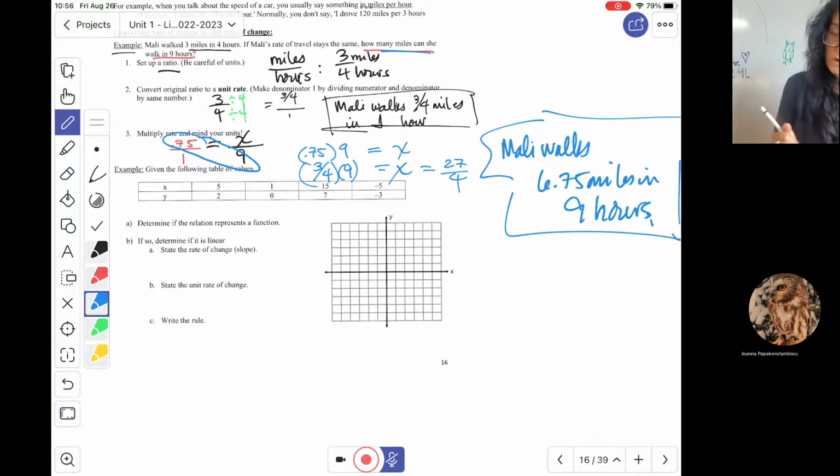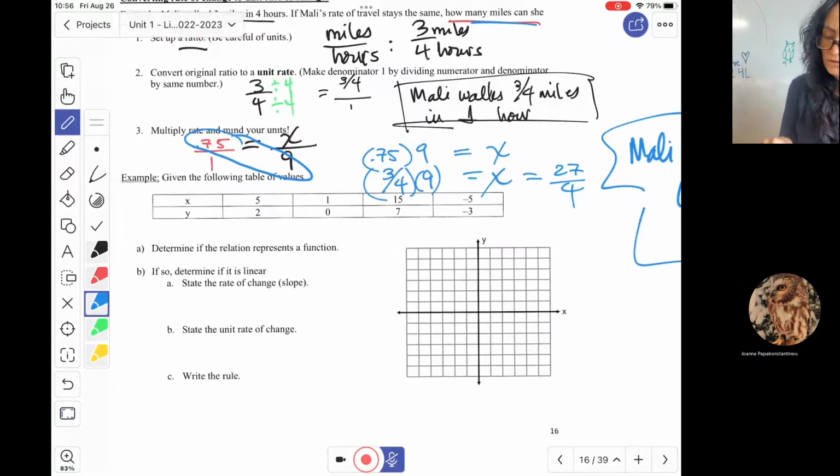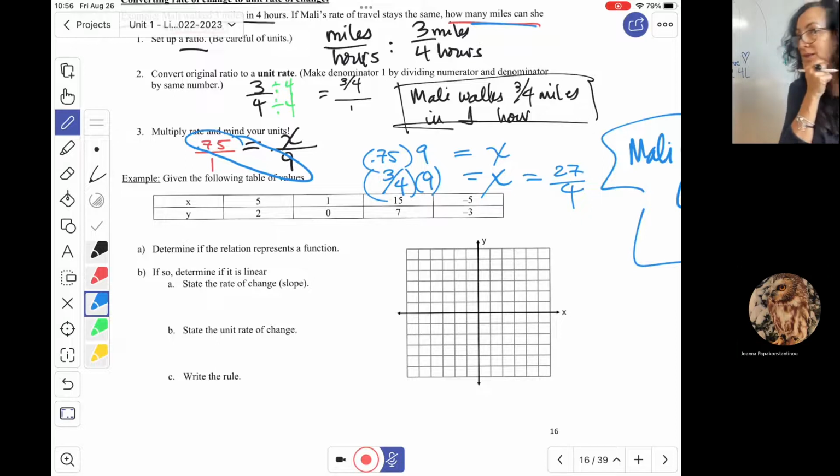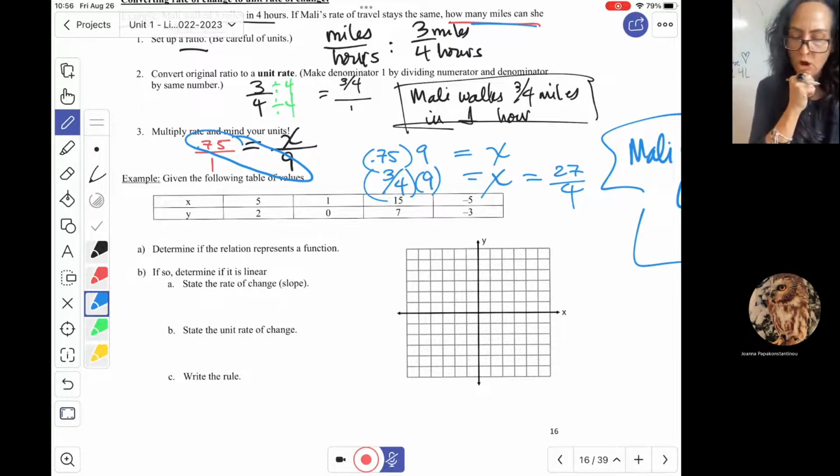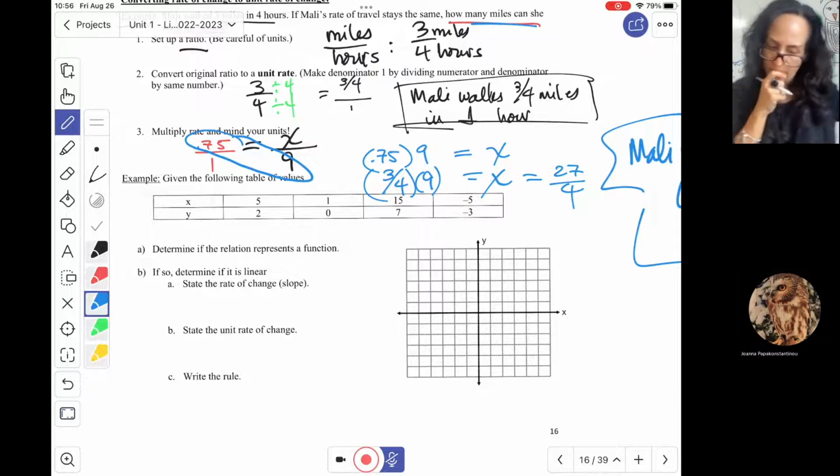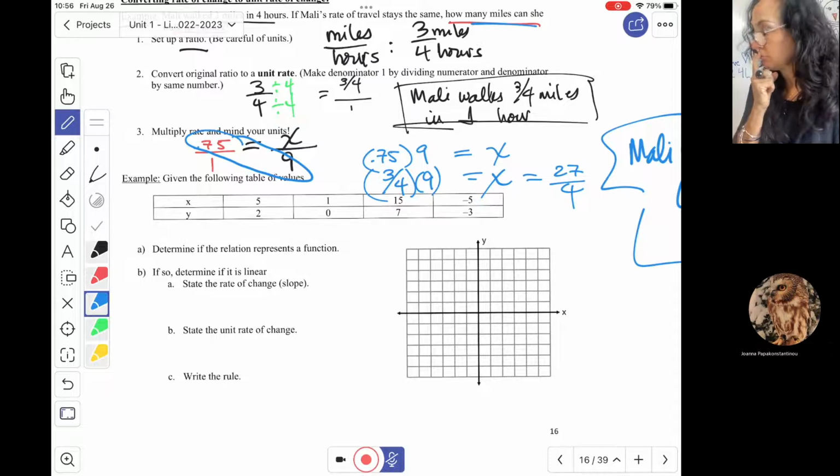Now, here you're given a beautiful table of values, and we want to determine, first of all, is it a function? Is this relation of discrete values a function? Yes. How do you know? That's right. There is only one output for every input.